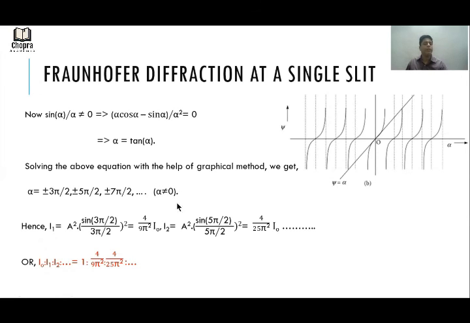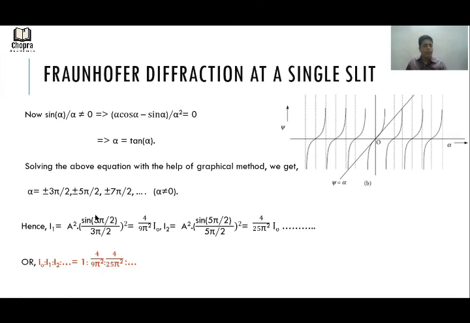Because that condition is already taken for principal maxima. So alpha is not equal to 0. So what does this indicate? If I were to find the intensity of the first secondary maxima, I will have to substitute alpha equal to 3 pi by 2. For I2, I will have to substitute alpha equal to 5 pi by 2 and so on.